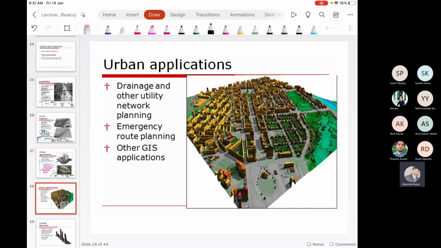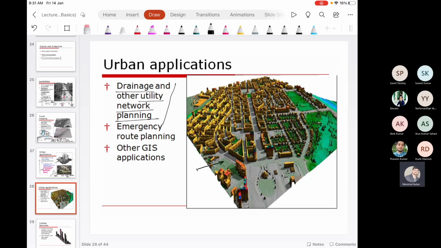Now further in urban applications, we have various facilities like drainage. We have utility network planning to lay down various utility-based facilities. First, you need to generate a 3D model of the entire city, as you see over here.